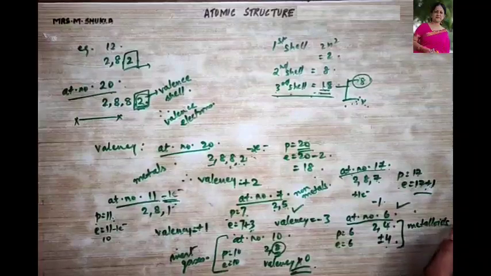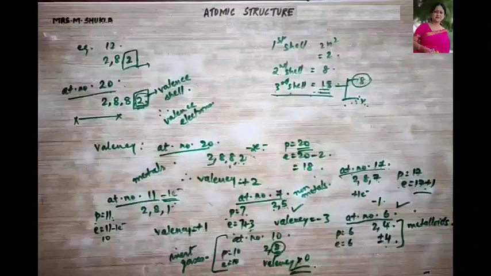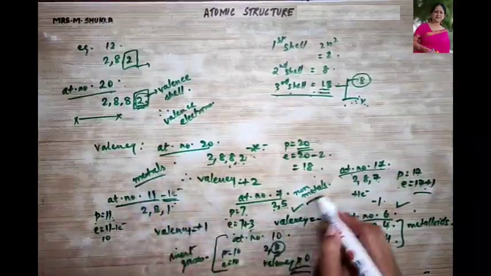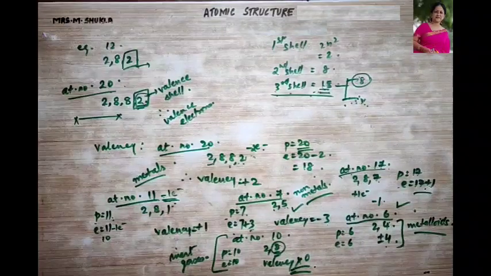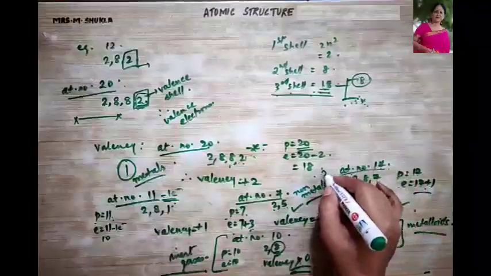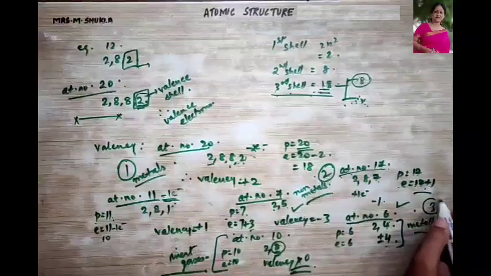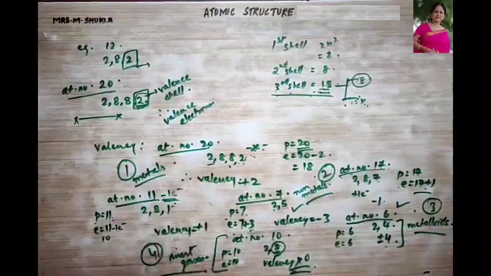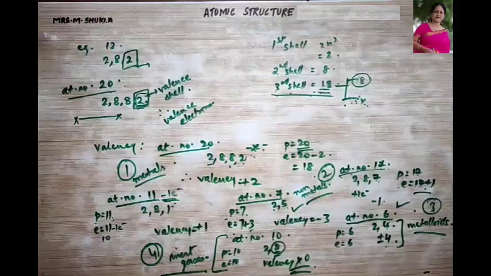Metalloids. So you must be knowing that elements are of 4 types. What are they? Metals, non-metals, metalloids and noble gases. These are the 4 different types of elements that we study generally.